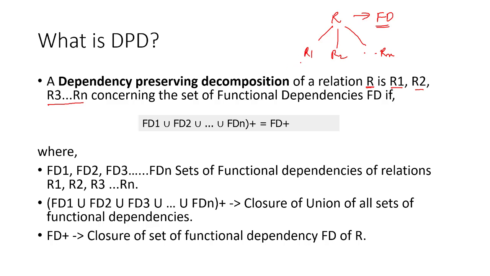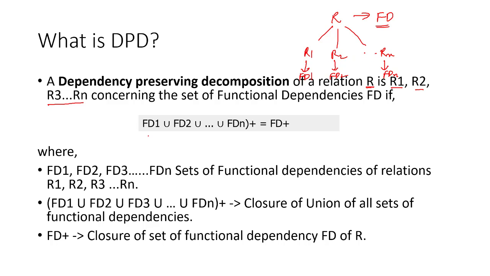When I am decomposing into R1, R2 and so on Rn, each relation, for example R1, can have its own set of functional dependencies. Let us take FD1, FD2 and so on FDn. We can derive some set of functional dependencies for each sub relation.